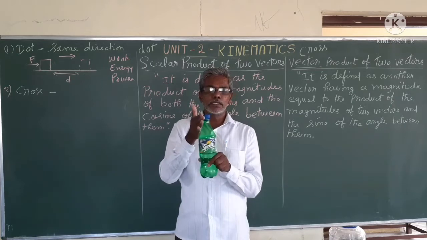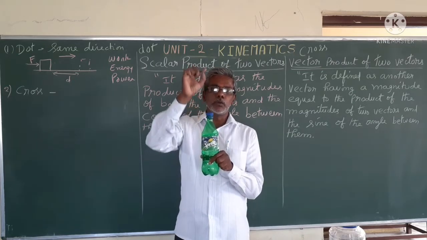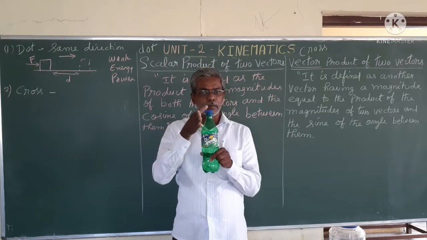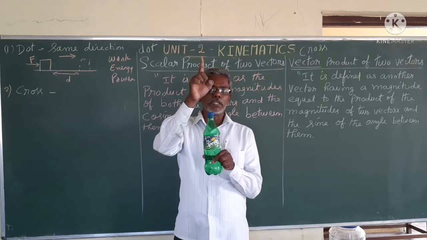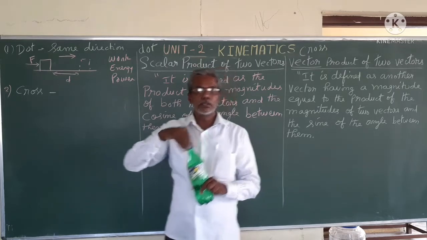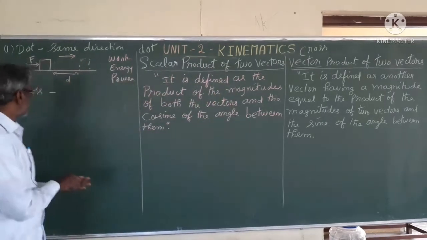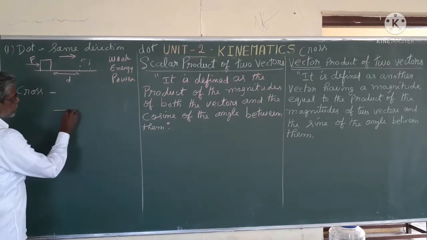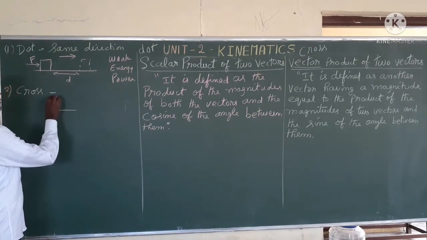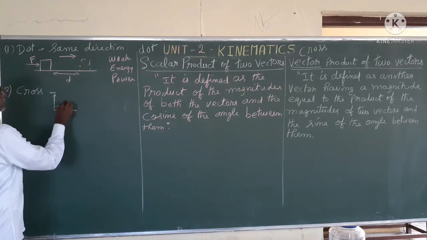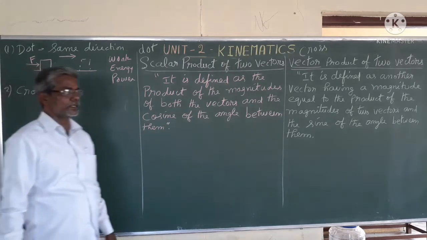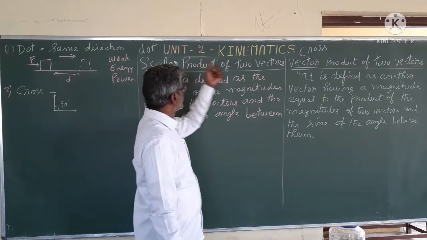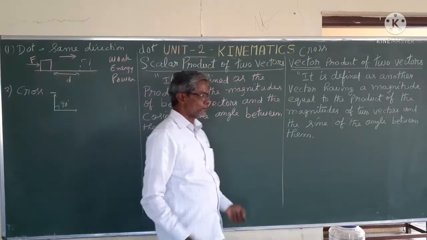The cork moves upward, perpendicular to my force, at 90 degrees. Here I am using the cross product of two vectors. It is clear. Now we will see the scalar product of two vectors.